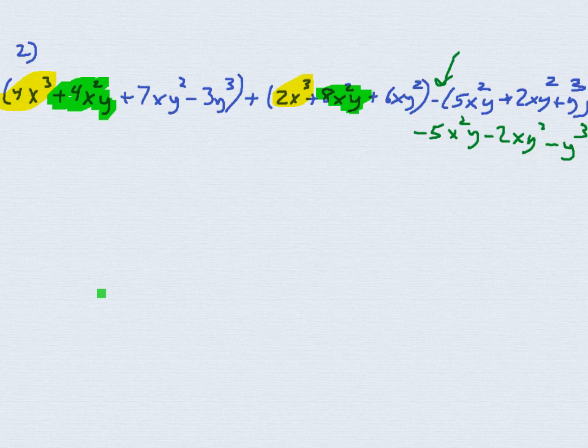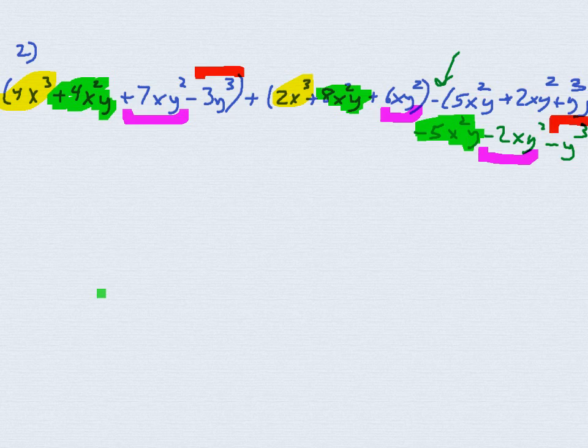And there's a minus 5x squared y in the third bracket. Are there any other like terms? Well, we have xy squared, we have an xy squared, and we have an xy squared. They can all go together, and last but not least, we can put the y cubed and the y cubed together.